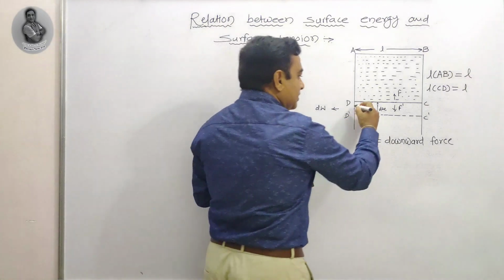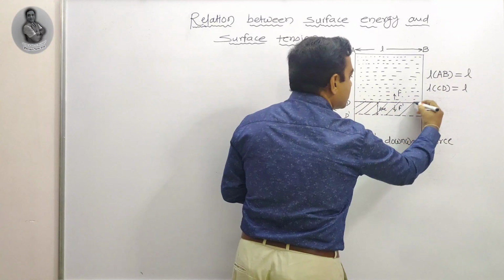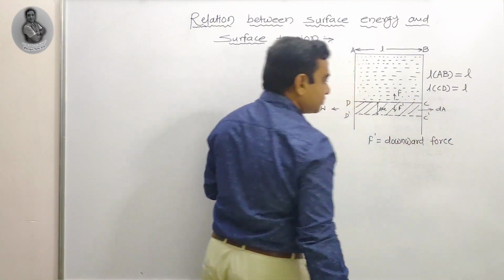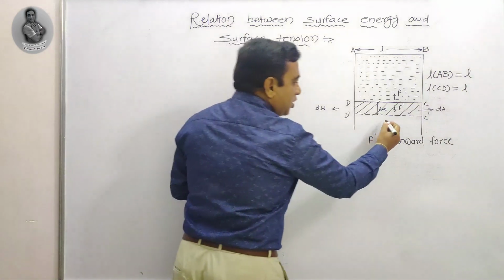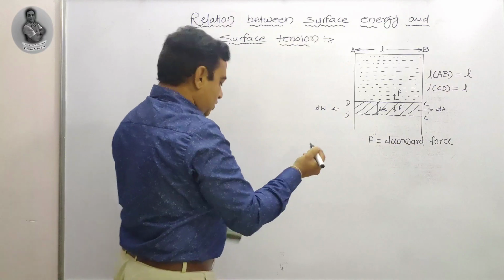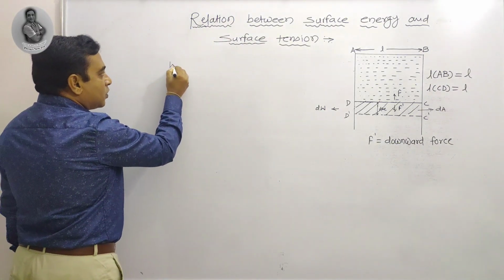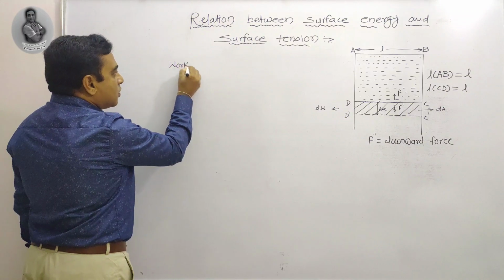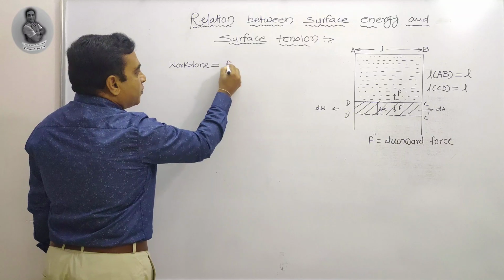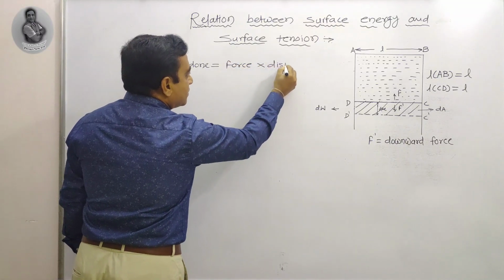So this area, we have already covered by applying an external force. This small area is dA. So I am going to do some work. This work is dW. So we know the formula, that work done is equal to force into displacement.